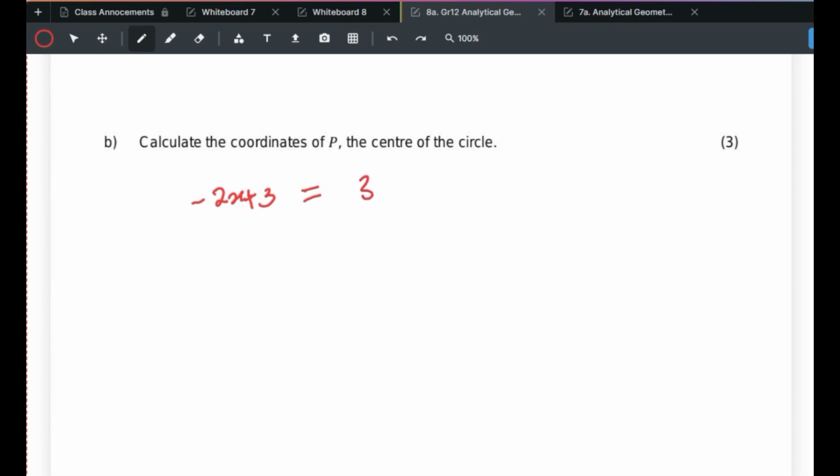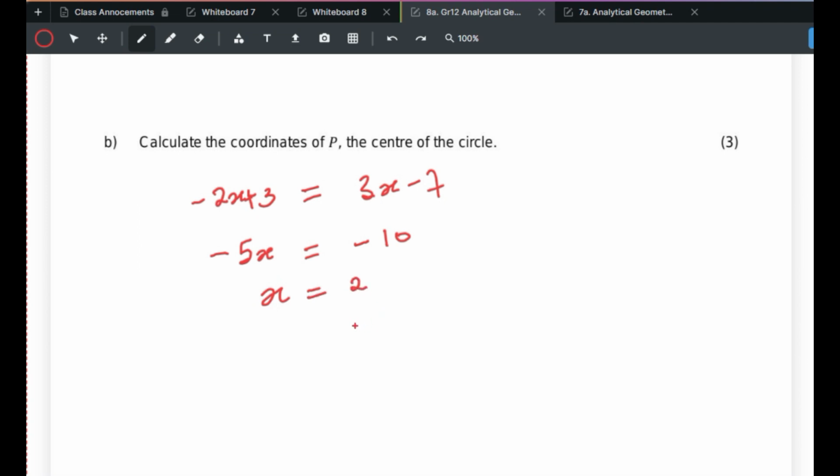Simplifying this, moving that over, you'll get negative 5x equals, moving this over, negative 10. So x equals 2.